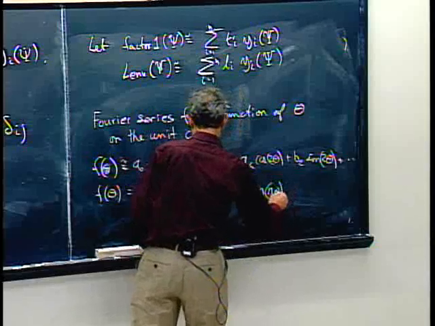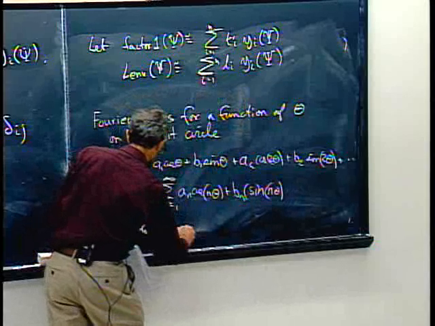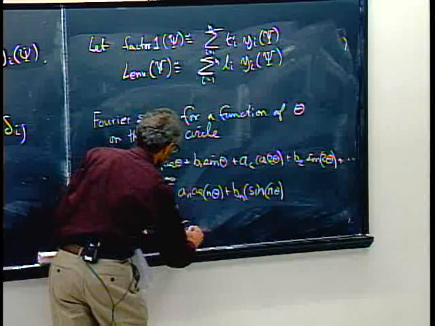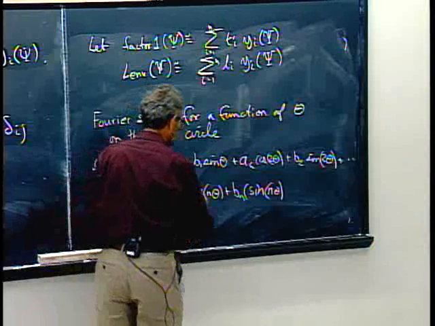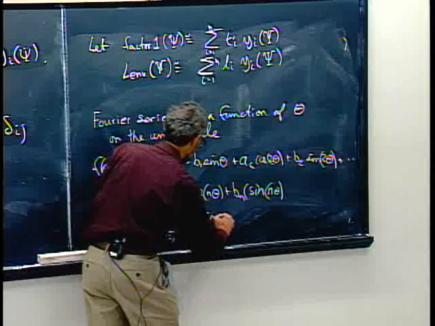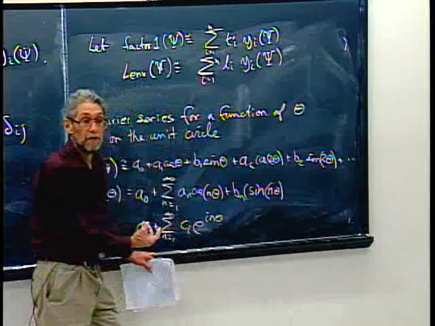Another way of writing it is A0 plus the sum n equals 1 to infinity of some complex constant, which has a real part and an imaginary part, times e to the I n theta. Does this look familiar too?